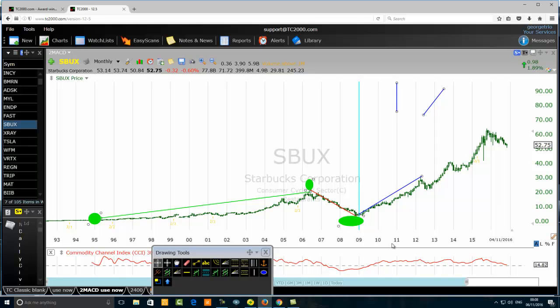The second thing that comes to our mind is that if the first wave is extended, there is a high chance we may have a normal third Elliott wave. And also, if we have a normal third Elliott wave, because the first wave has been extended, we may see equality between the third Elliott wave and the fifth wave.